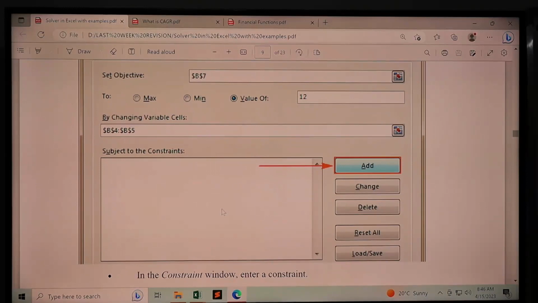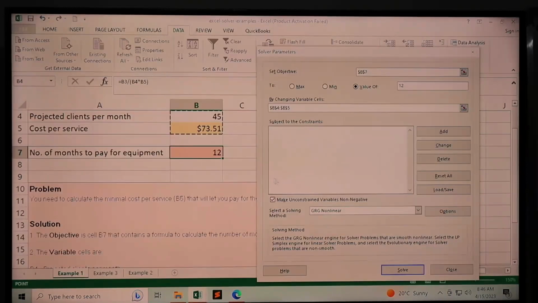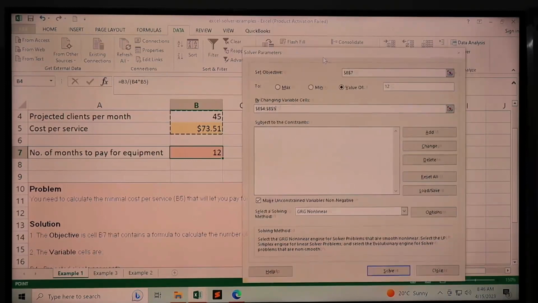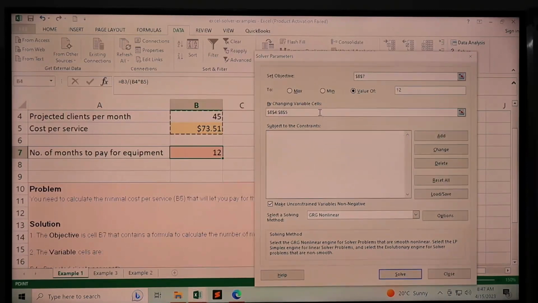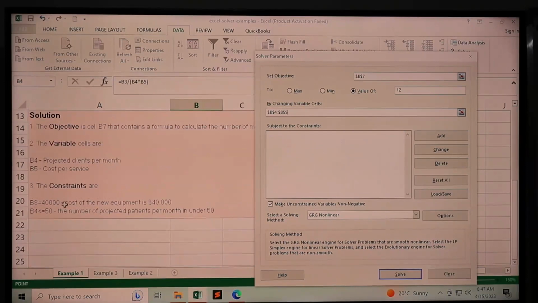Go back to our worksheet. We have our worksheet there. This is our constraint, the Subject to the Constraints box. This is where we are supposed to add our two constraints. The two constraints were given in our question.